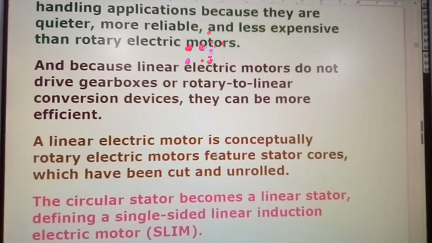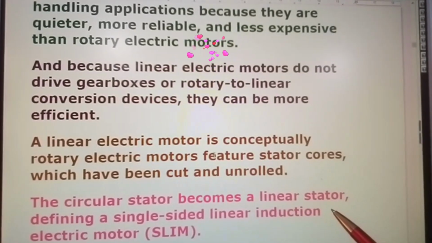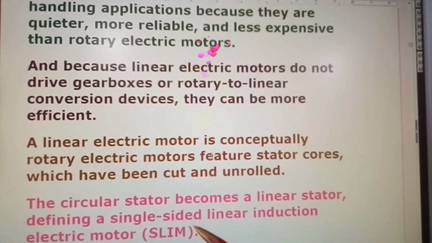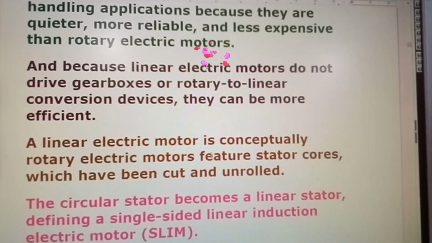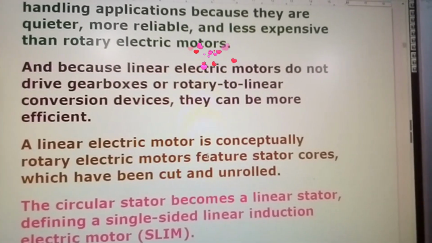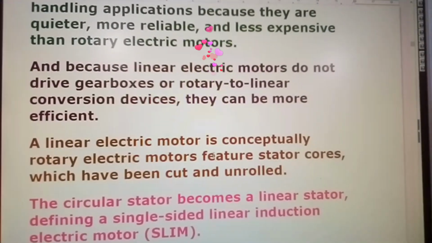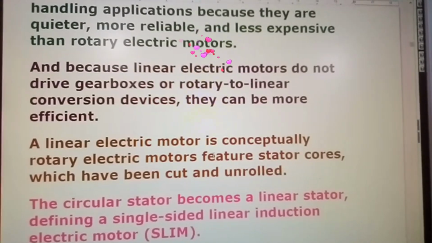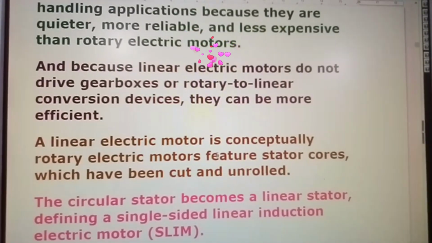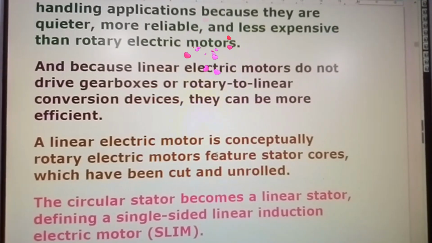The circular stator becomes a linear stator, defining a single-sided linear induction electric motor. Now do some additional research on this for yourselves so that you can see exactly what they're trying to say. No amount of me telling you will make that difference. You need to be able to look it up and extract the information in addition.